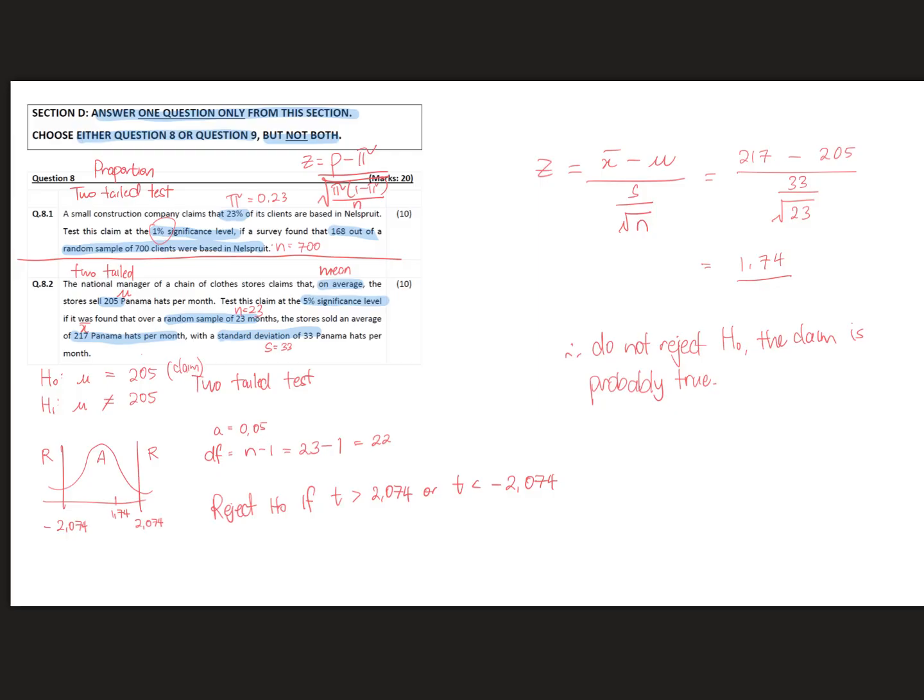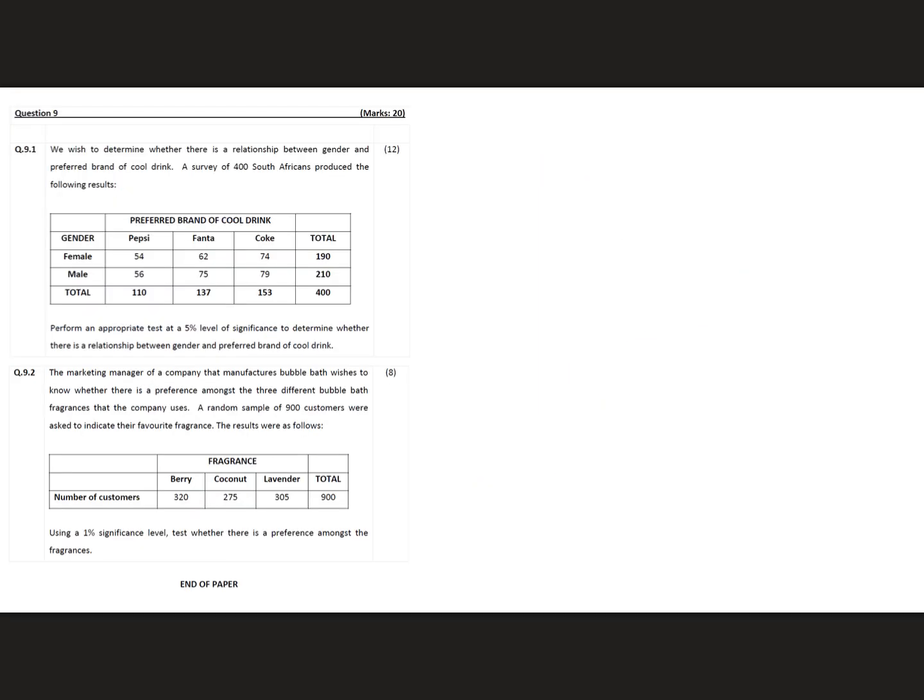So that's your hypothesis testing. Let's move on to question 9. Question 9 is based on your chi-squared distributions, and this is literally Learning Unit 9 as well. So I'm going to write here, in brackets, the chi-squared test or chi-squared distribution.